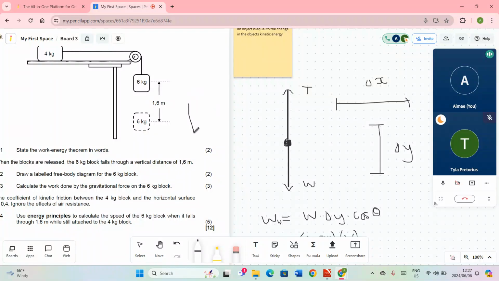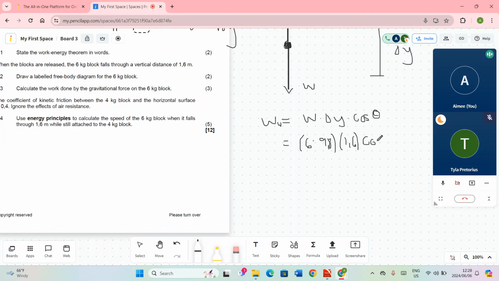Well, weight is acting down, but the object is also moving down, because it says when the blocks are released, the 6-kilogram block falls a vertical distance of 1.6 meters, which means that change in y is also happening downwards. So the angle between them, they're parallel. There is no angle between them. The angle between them is 0 degrees.